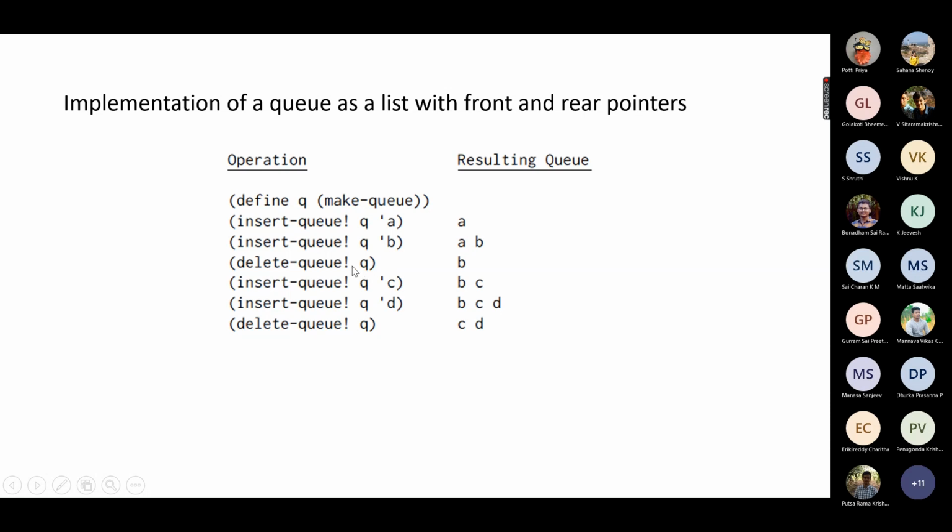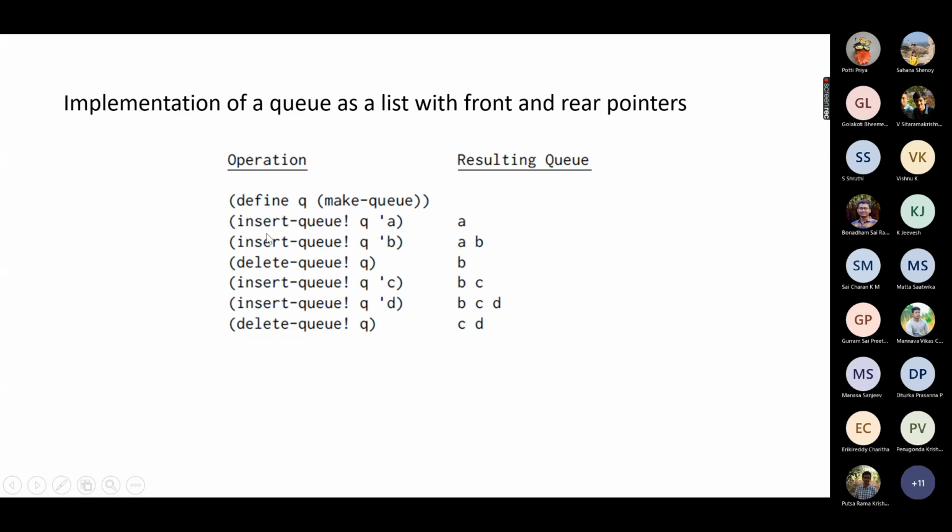Now I'm performing a queue deletion. Deletion will happen at the front and again it is a mutator. It is modifying the queue. After deletion, the original queue content will be changed. So delete queue exclamation, and then insert queue so that we have B, C, then C, D, and then I am deleting. So B is deleted. We have C, D. These are the sequence of operations.